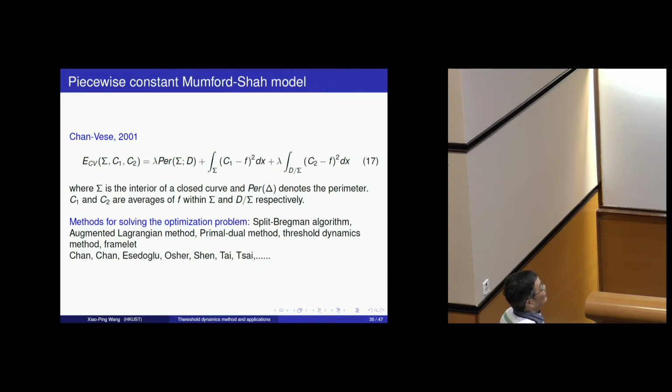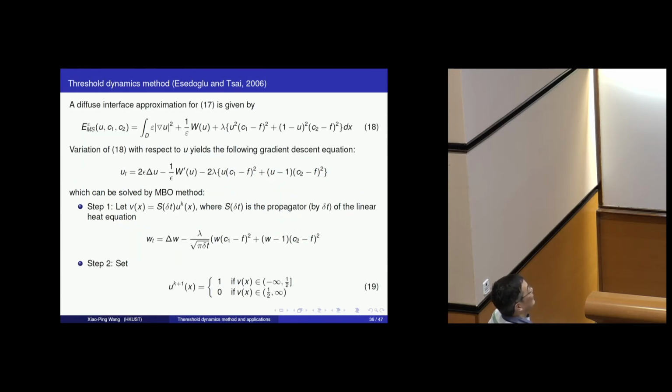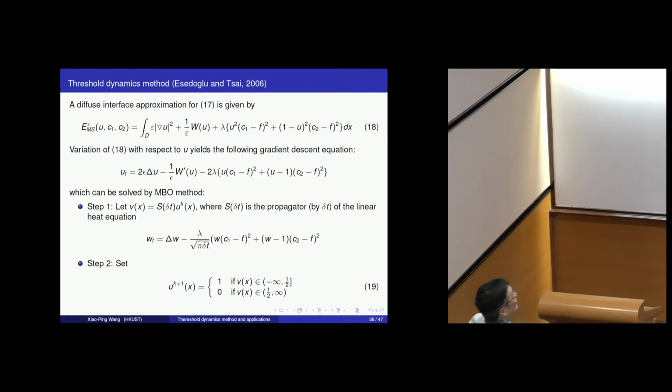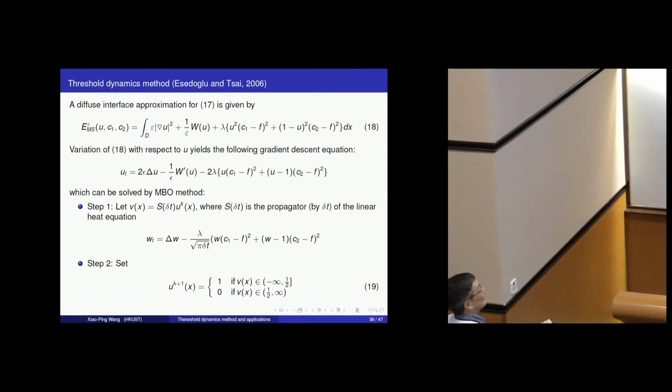It turns out that because this is a perimeter term, we can use heat kernel convolution to approximate it. So this problem can be formulated into an optimization by the threshold dynamics method. There was an early work on using threshold dynamics based on the Allen-Cahn type equation, because the interface energy can be approximated by the Allen-Cahn functional.